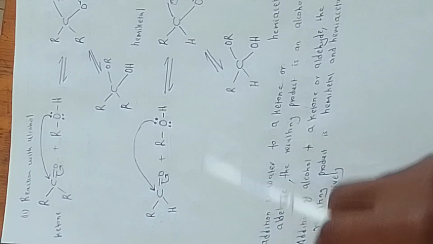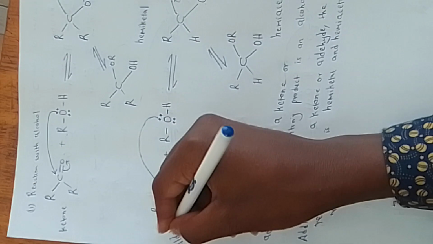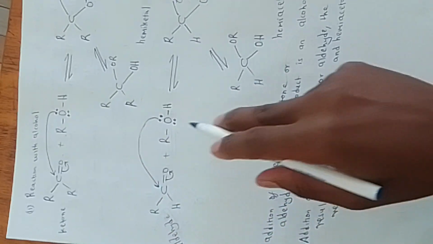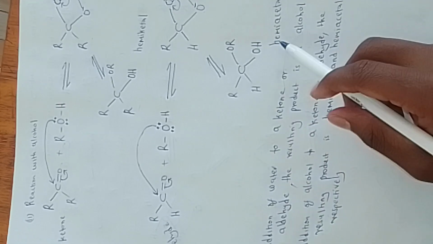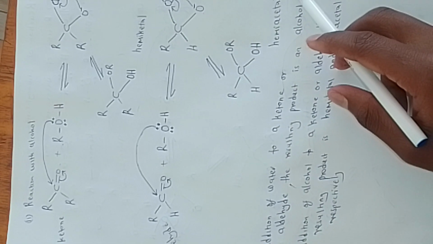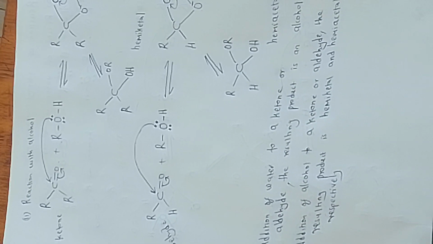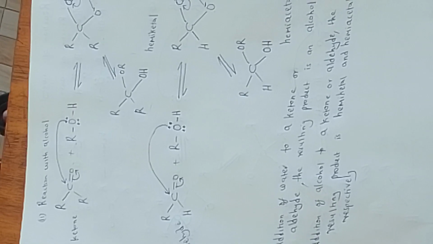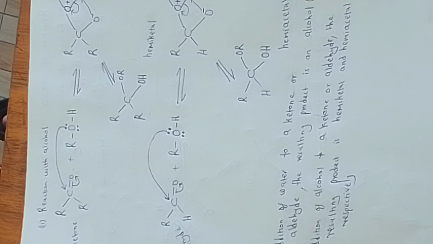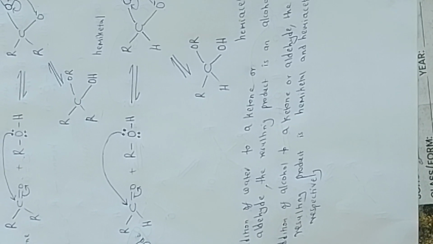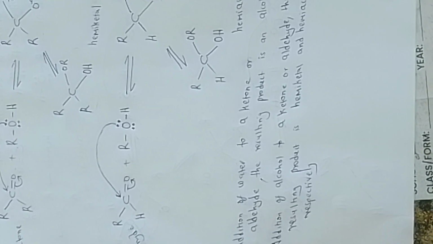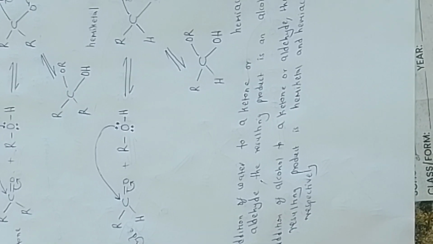Now then you had an aldehyde, this one was an aldehyde, you had an alcohol, you form an acetal. And that's all about the reaction of water and alcohols. In the next video we look at the formation of acetals and ketals.